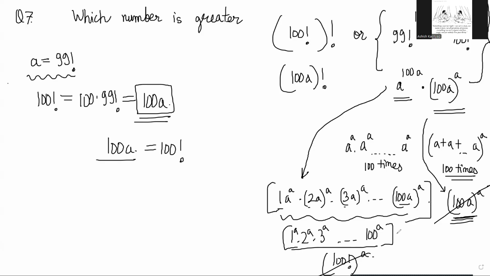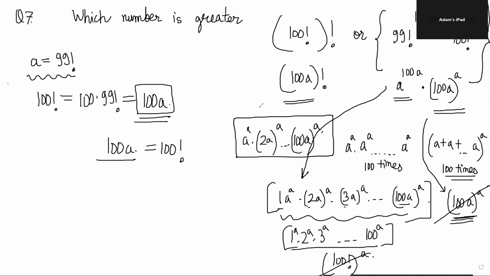Now I have to compare it with the left hand side. On the right hand side, I have A power A, then 2A power A, and so on till 100A to the power A, and I have to compare it with this. Okay, so let's think what to do about that.